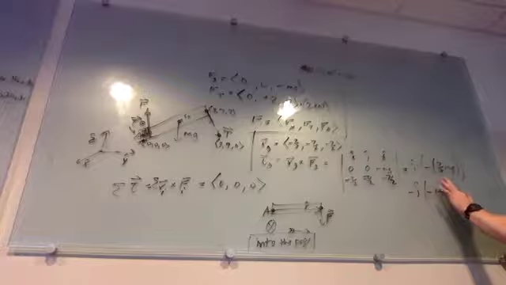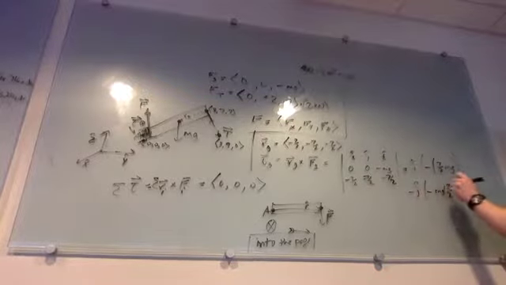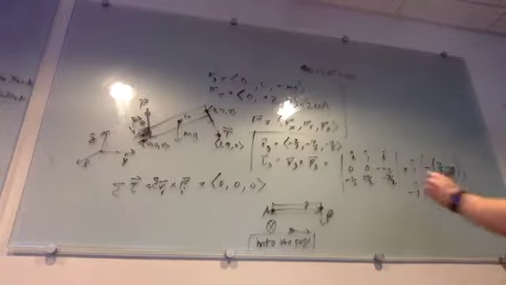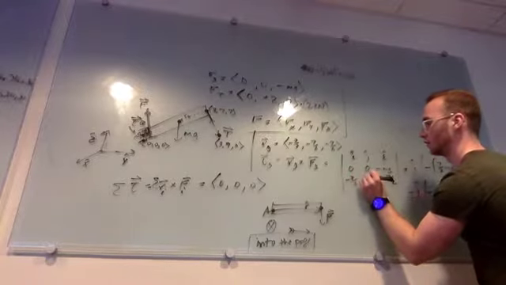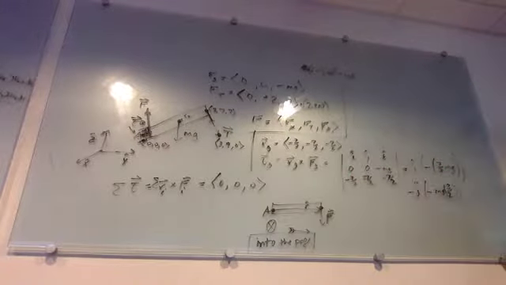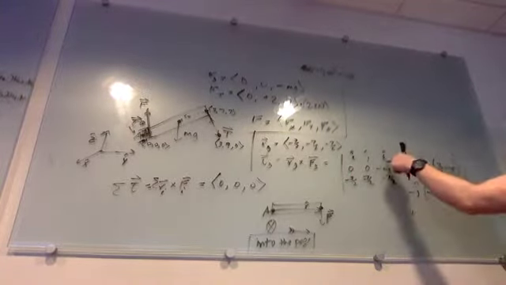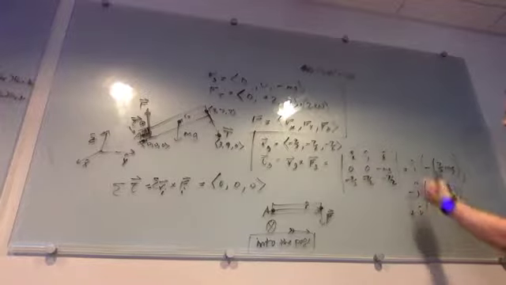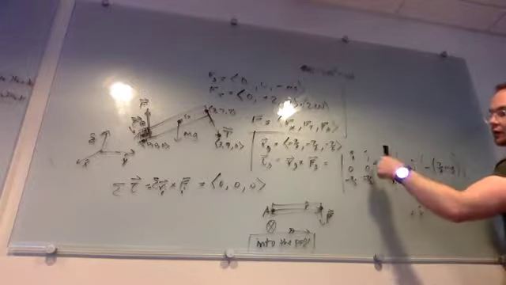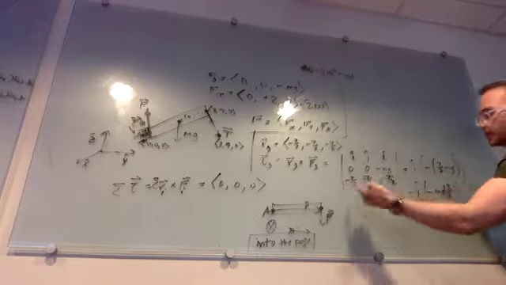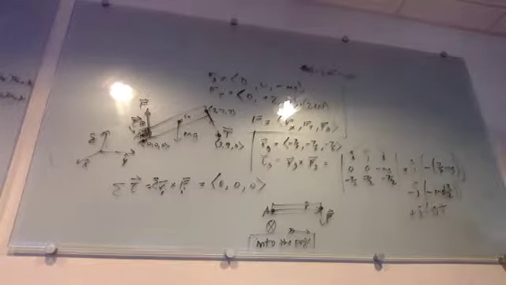Sorry, 3 over 2. And now plus k hat, and now luckily, because we have zeros here, this times this is 0, this times this is 0, so we get 0, so there's no k direction.